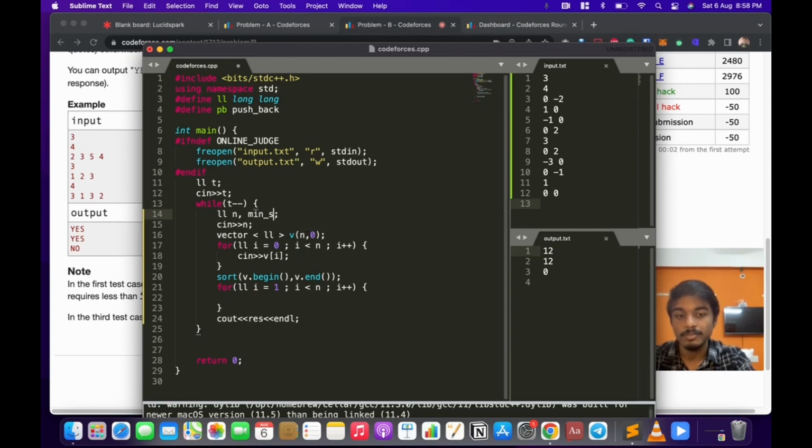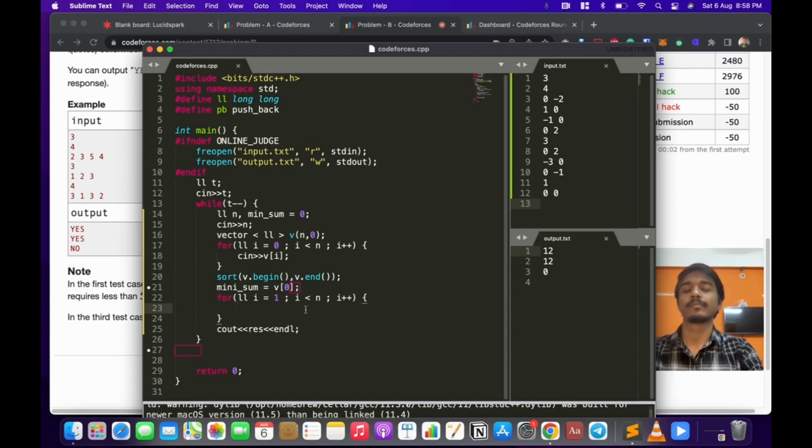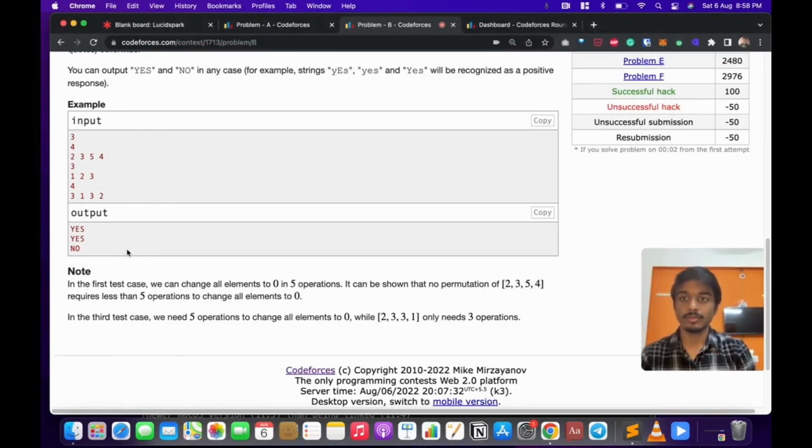That is the minimum sum, how much you can get. So 2354, how will I get 2354?